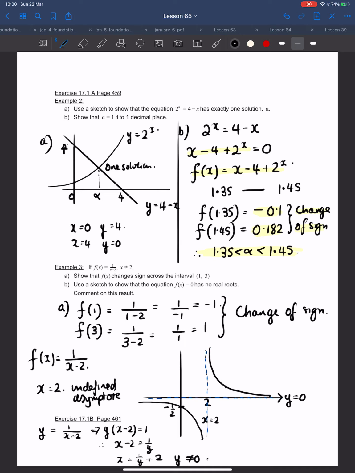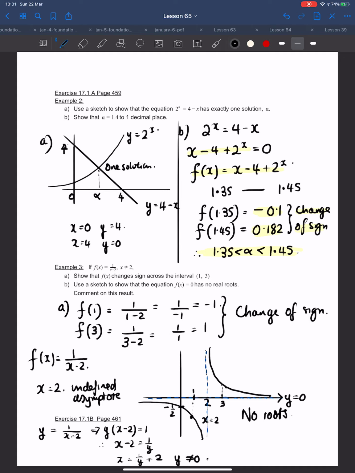Okay. So back to the sign change. So 1 is this side, and that comes up as negative. 3 is this side, and that comes up as positive. But there isn't a root because it's not continuous. So there are no roots. Just because there's a sign change, it doesn't guarantee that there's a root.